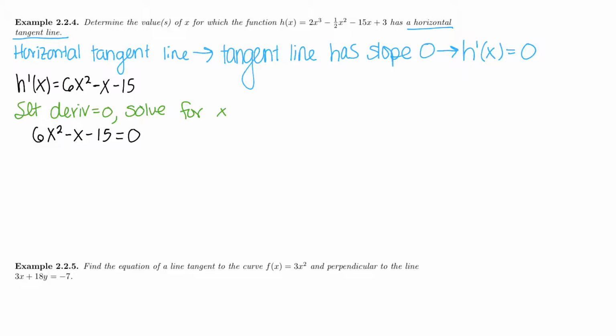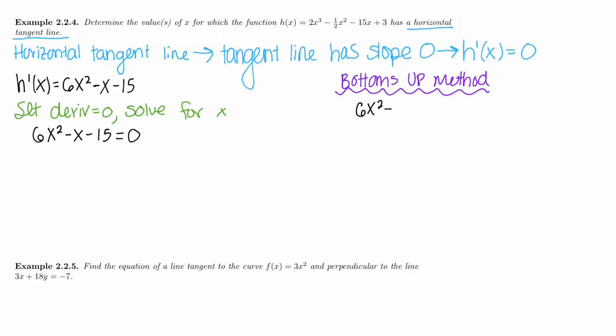Whatever your favorite method of factoring these is, I will once again quickly do the bottoms up method for anyone who wants to see it. I don't care how you factor these. The bottoms up method is the method that I like to teach because I think it's a cool method. You don't have to use it. I'm only going to explain it briefly.